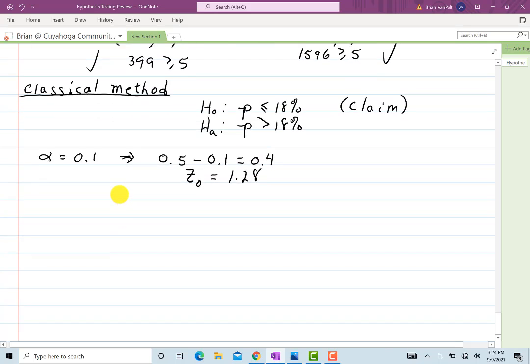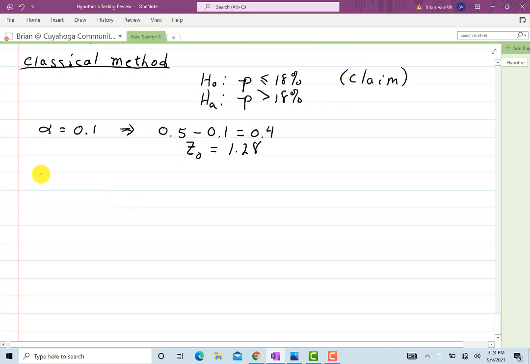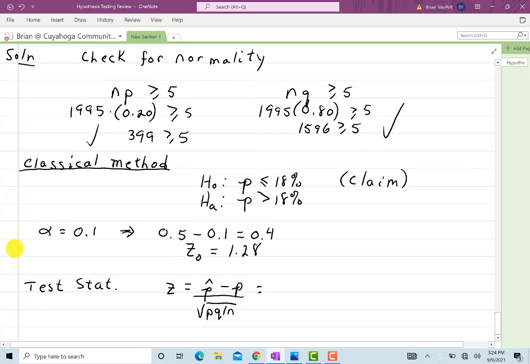Now let's go ahead and calculate the test statistic. All right, our p hat was equal to 0.2, I believe, yes.